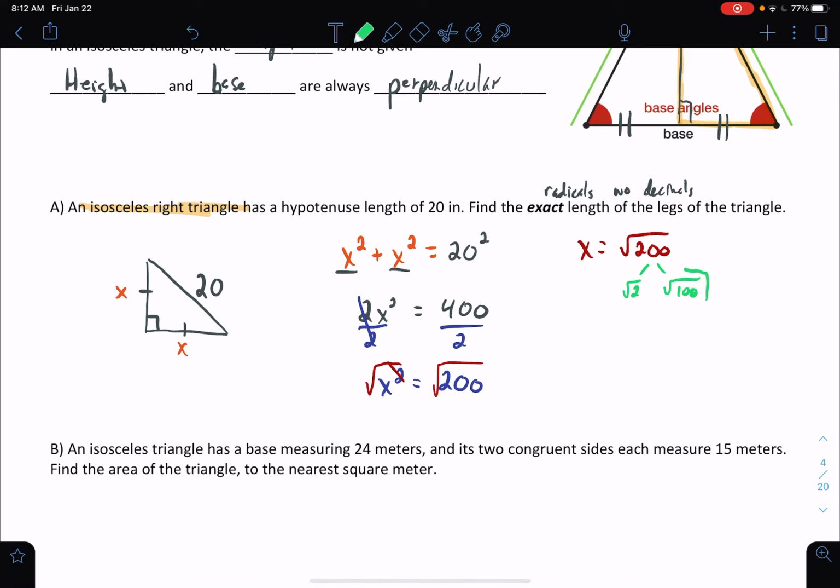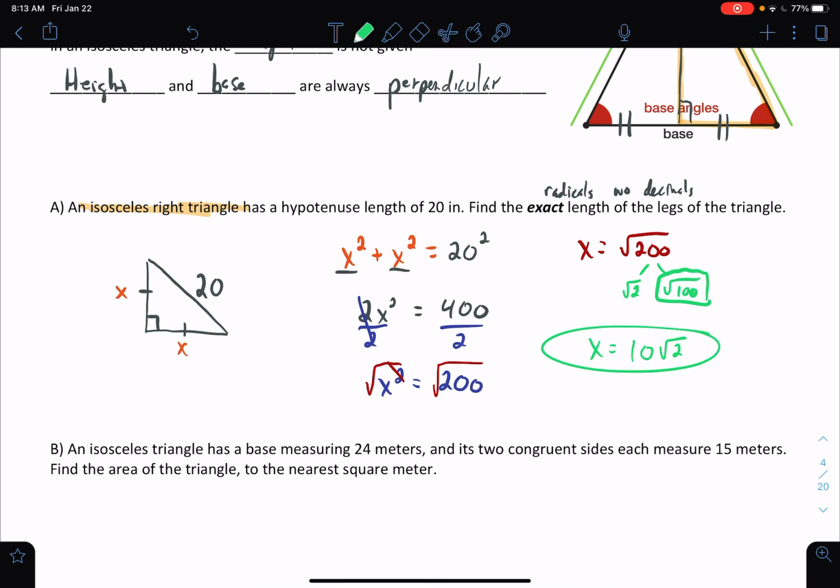Well, 100 is a perfect square. So the square root of 100 is going to give me 10 on the outside, and 2 is stuck on the inside. So this is the exact length of one of the legs of the triangle. X equals 10 square roots of 2.